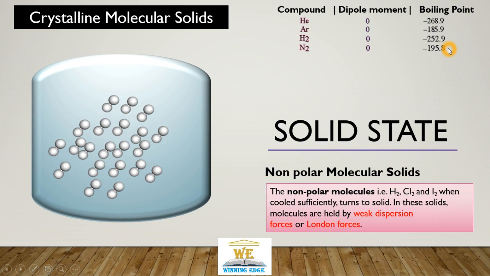Nitrogen solidifies at a very low temperature, roughly 77 Kelvin. So these non-polar molecular solids form only at very low temperatures.